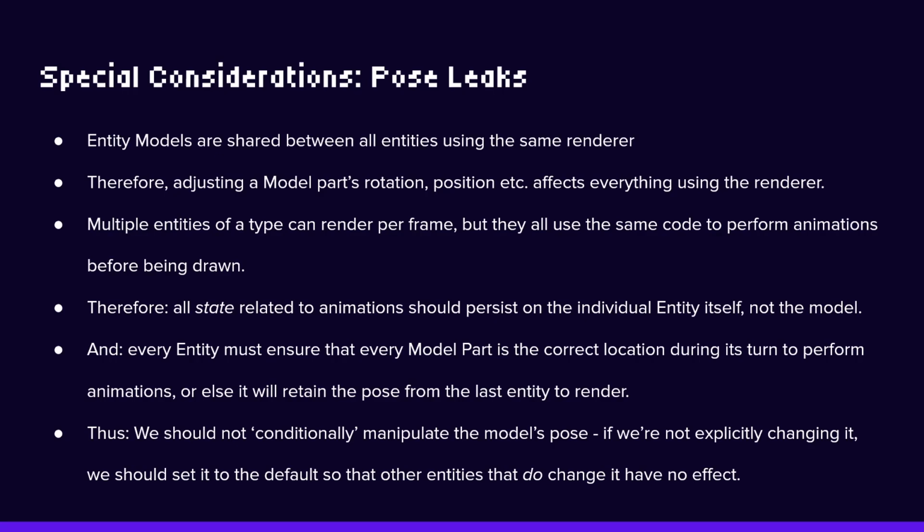So it's important, every single time that you call an animation, like in setup anim, that either you're setting every object to something every frame specifically for that entity, or you're setting it to the default when you're not using it. Basically you shouldn't conditionally manipulate the pose of the model at all. You need to set it to a default or set it to something. Otherwise, it can potentially leak between entities.